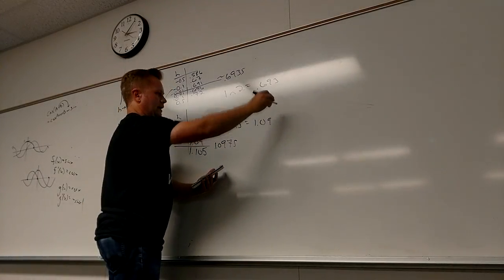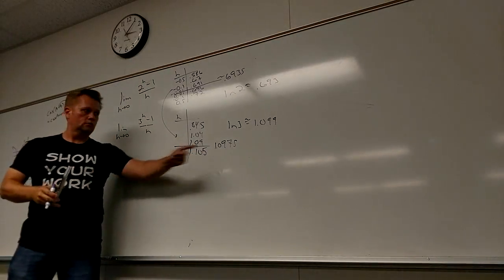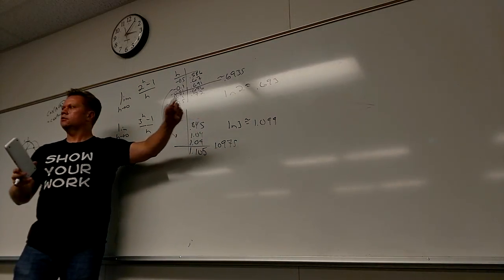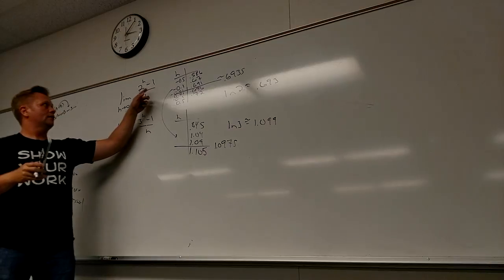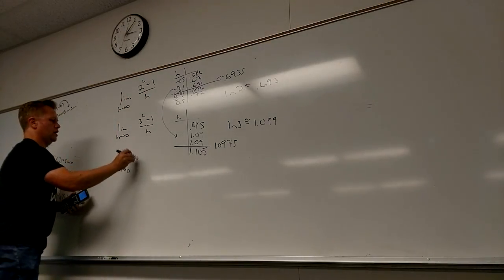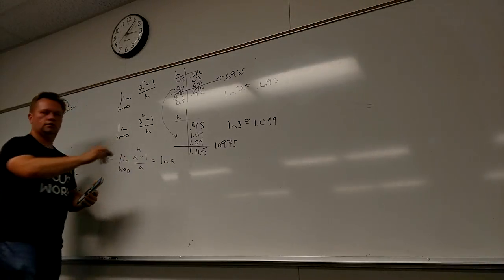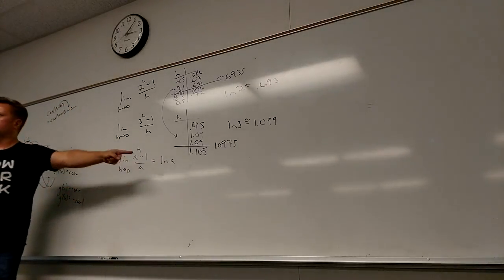Like 1.0986, blah, blah, blah. Roughly. So it seems like the limit as h goes to 0 of a to the h minus 1 over h is the natural log of a for a's that are in the domain of natural log.